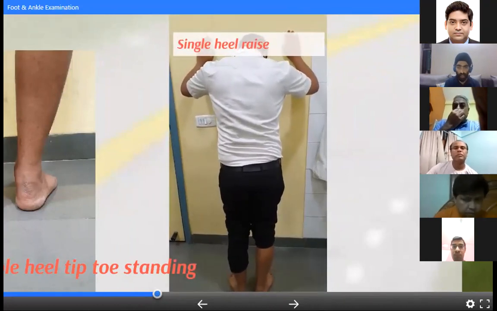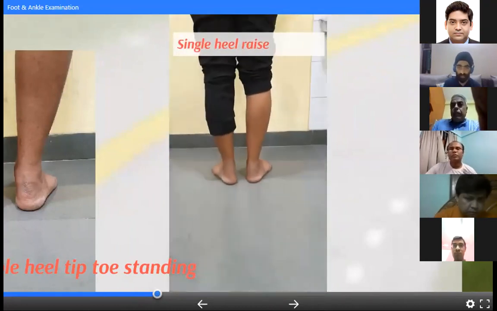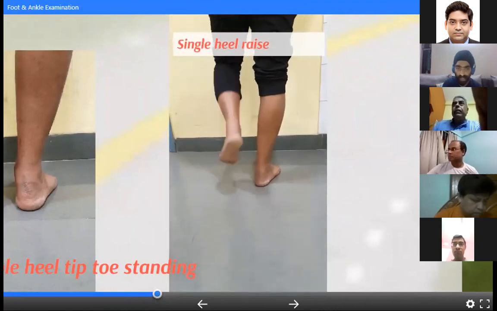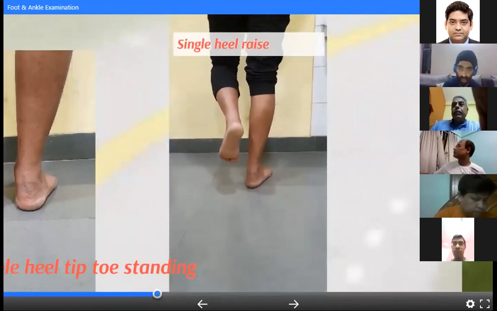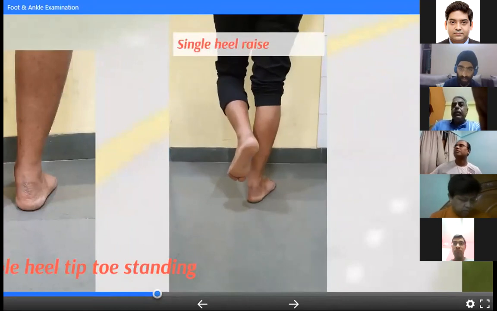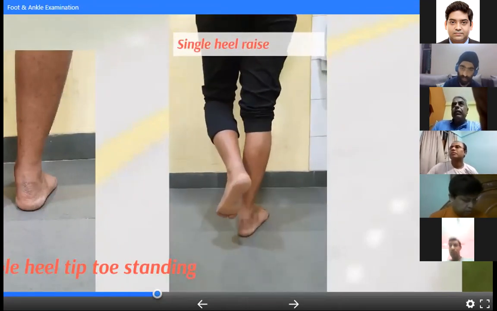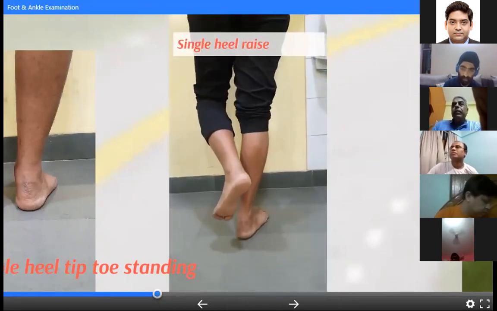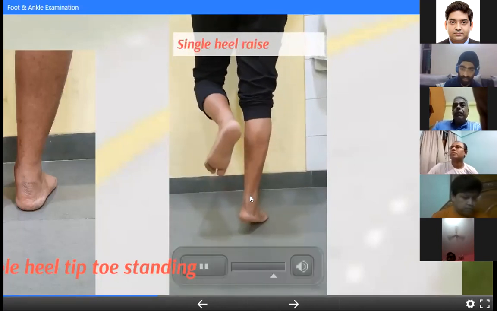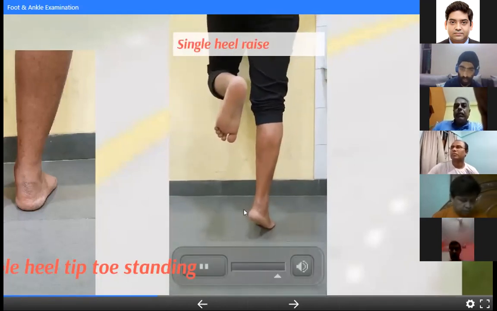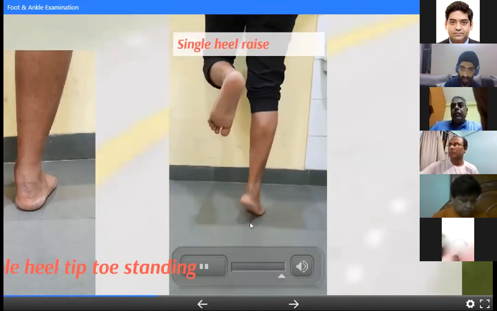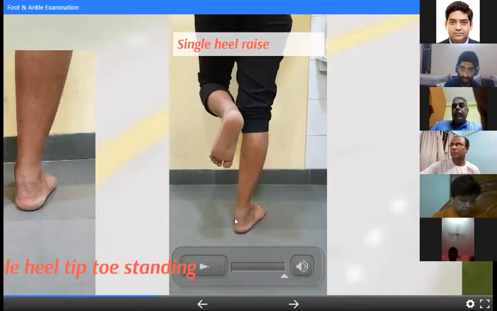What we do is we get one foot up, and we need to see two things. One is how many times the patient can go up and down on the single foot. And if you look carefully, you see the heel is going into varus. From valgus at heel strike, it's going into varus. And that's the important key.